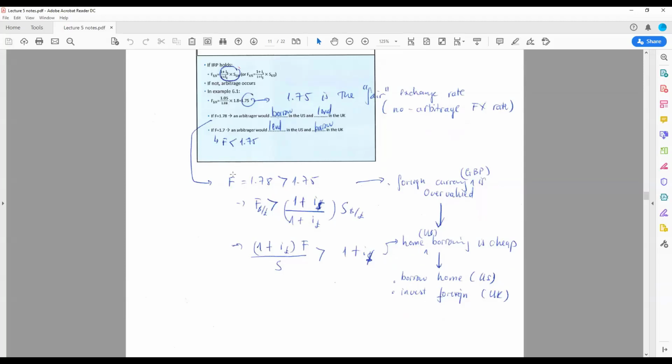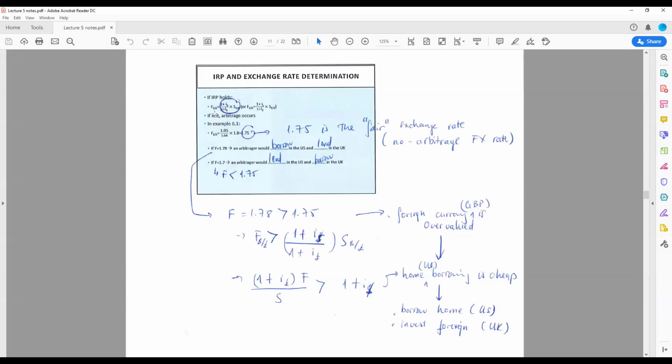If we put it back in our equation, we will see that this will be our equation. So that means the left-hand side is greater than the right-hand side.